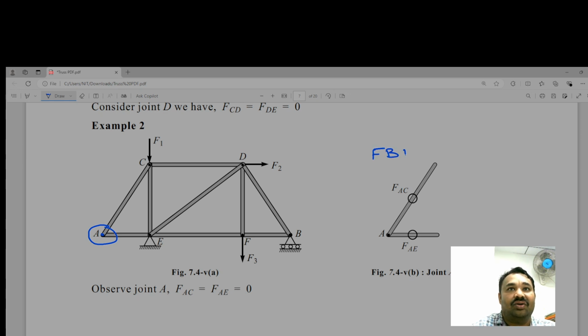Let us draw here. This one and another member which is inclined, and both are non-collinear, and joint A is not subjected to any force. That's why both the forces are 0. Observe joint A, both the forces FAC is equal to FAE is equal to 0.